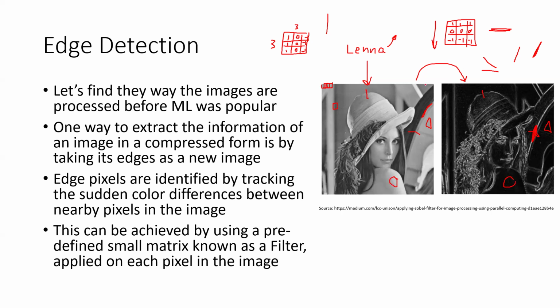So by using these kinds of filters and dragging the filter throughout the image, you can get an edge image. For example, you use the vertical edge filter first, and then the second time you draw another image with horizontal edges, then you combine those two and you can get an image like this, right?